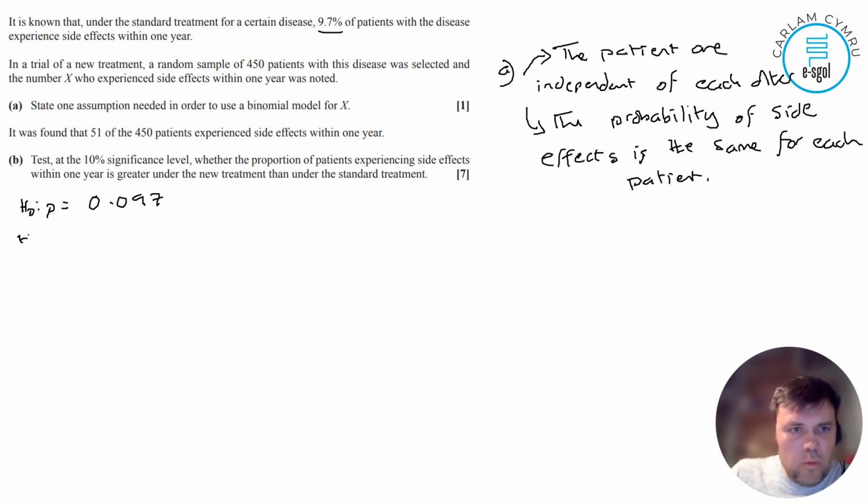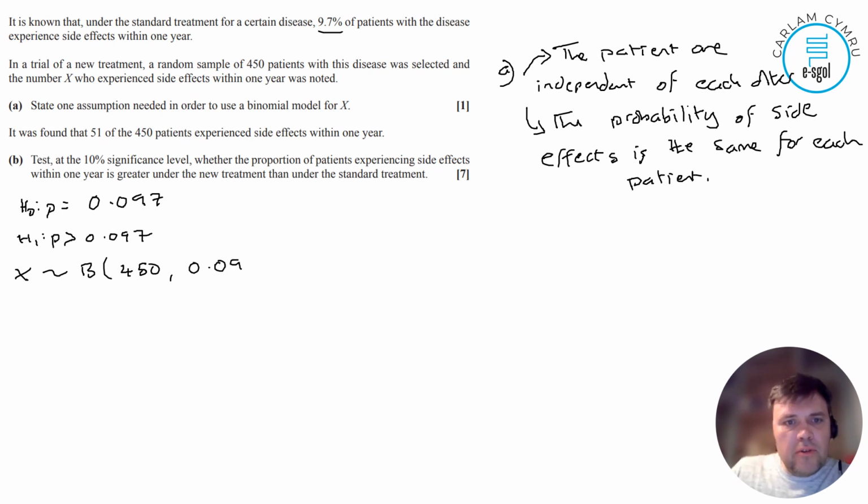Our H1 is stating that test whether or not the proportion of patients experiencing side effects in 1 year is greater, so then we would put greater than 0.097. X belongs to a binomial, and it is 450 patients, so that's my N, and then 0.097 is the probability.